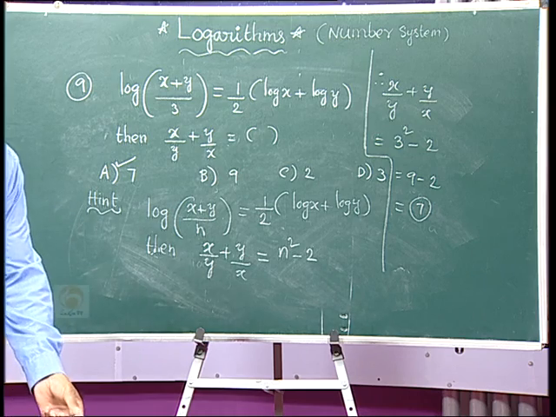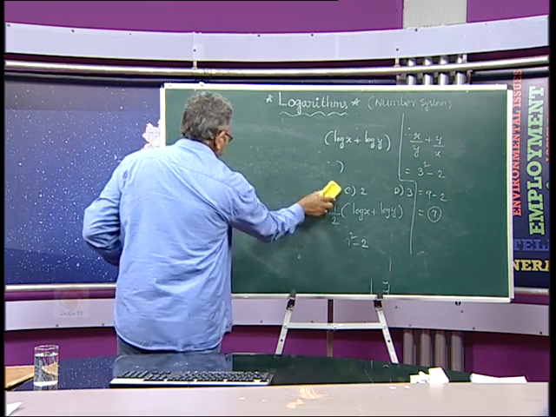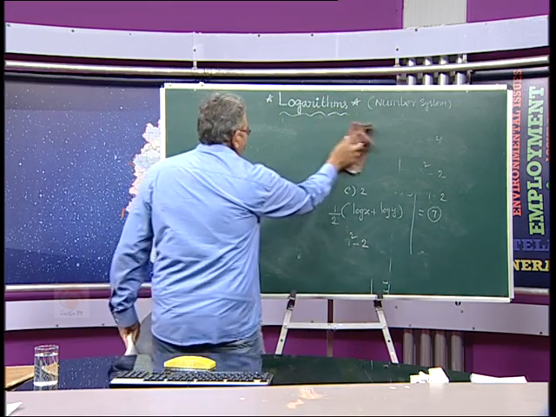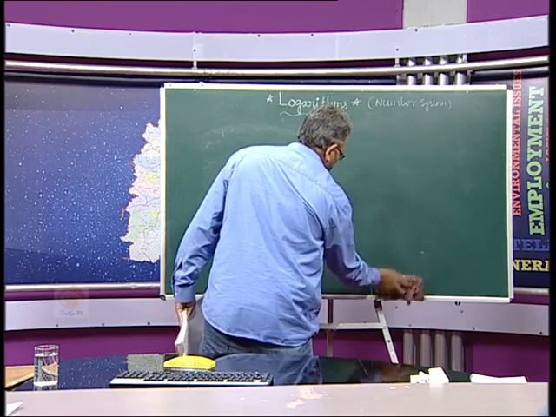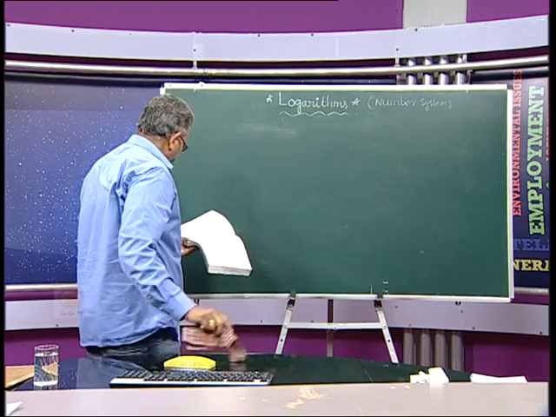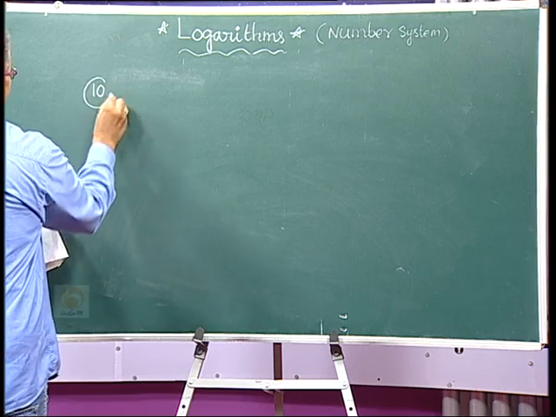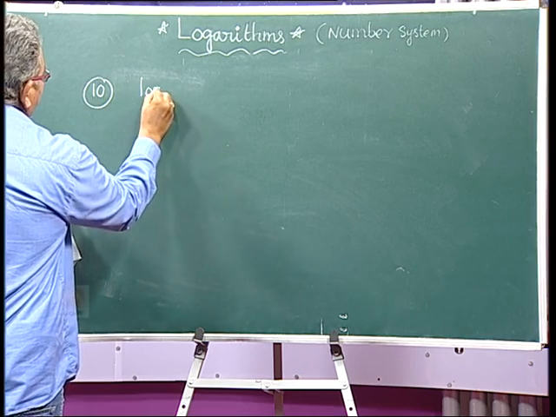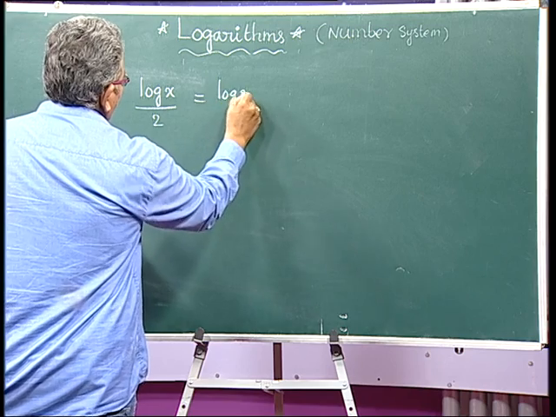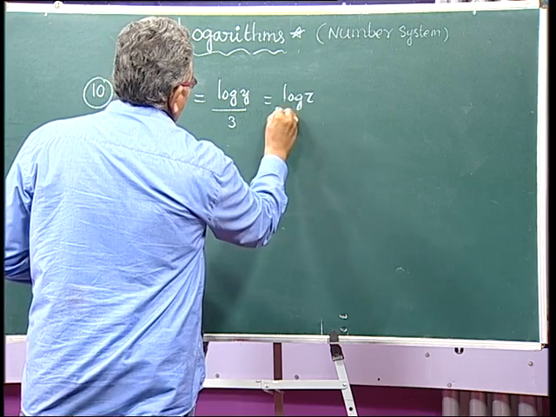Okay, now, let us do the next problem. Log x by 2 is equal to log y by 3 is equal to log z by 5.